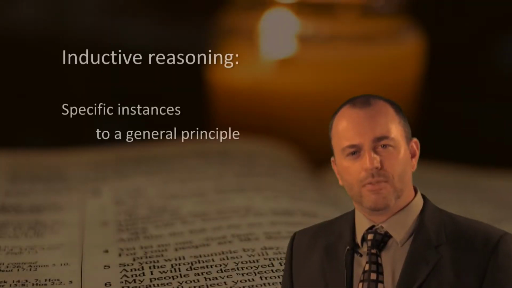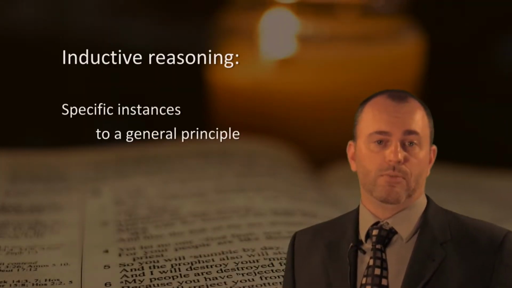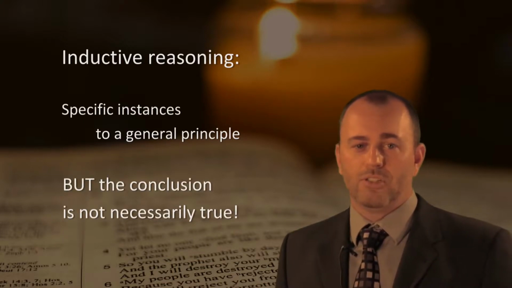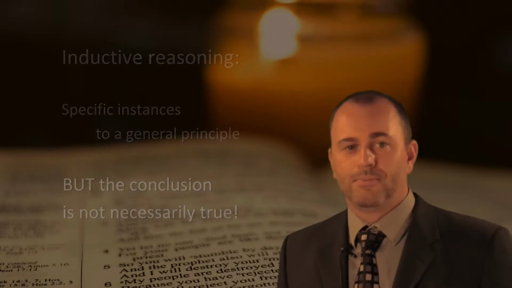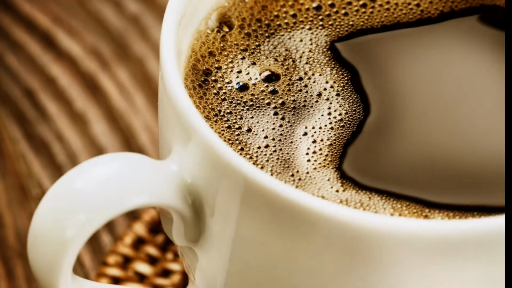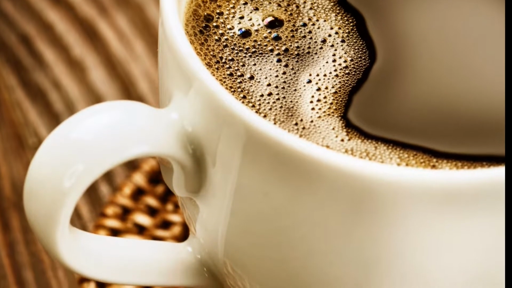He went from a specific instance to a general principle. Note that his conclusion is not necessarily true. Perhaps you just like wearing your watch on the right wrist. Now suppose Sherlock Holmes also notices that you have a notebook that is specifically made for left-handers on your coffee table. And next to it on the coffee table is a coffee mug with the handle turned out to the left.